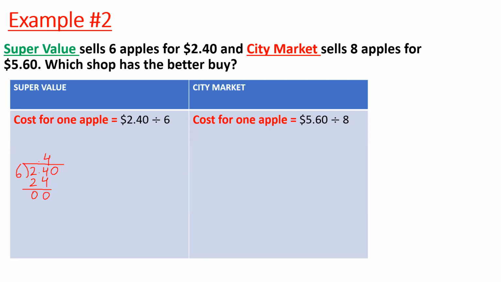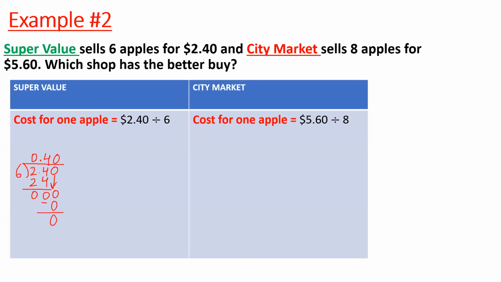By the way, we already have a decimal point, so let me put the decimal point here already. Then we bring down the 0. How many times does 6 go into 0? 0 times. So 6 times 0 is 0.